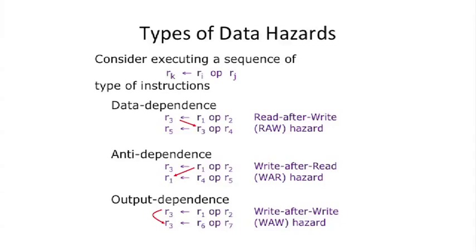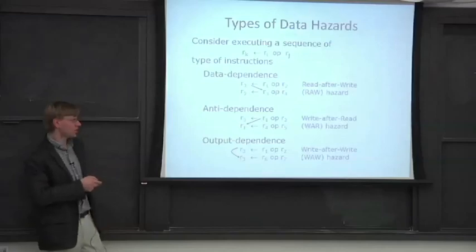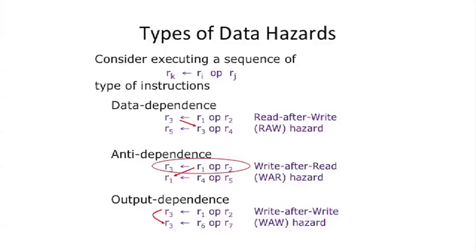Let's look at something a little bit less intuitive. Let's look at a hazard where this instruction reads register 1, and the next instruction writes register 1. That should be no problem. That sounds great. Well, today we're going to give an example of a pipeline where this could potentially be a problem.